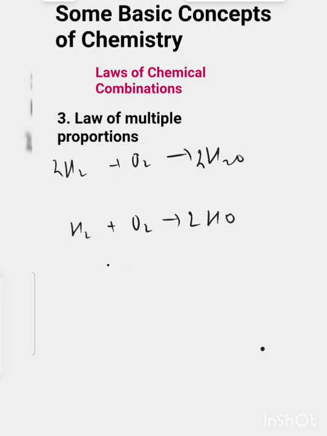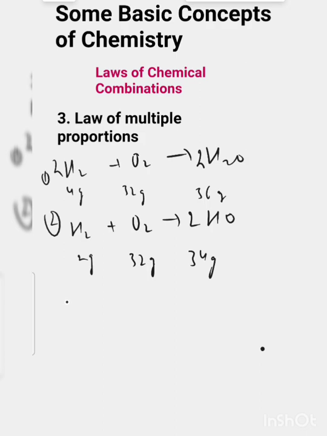Here this is 4 gram, this will be 32 gram, this will be 36 gram, and in this reaction this is 2 gram, this is 32 gram, and this is 34 gram. This is the first reaction and this is the second reaction. What I'm trying to say here is that the oxygen used in both reactions will be in ratio 1:1.